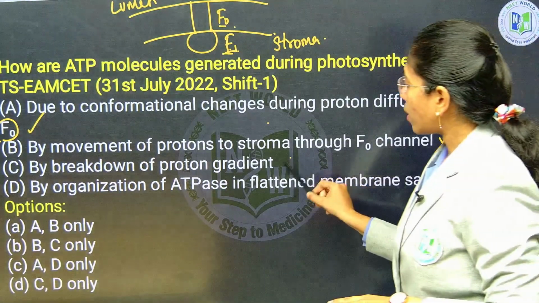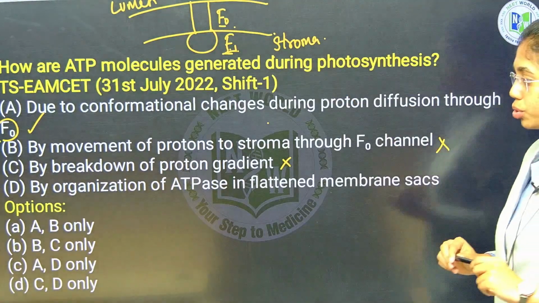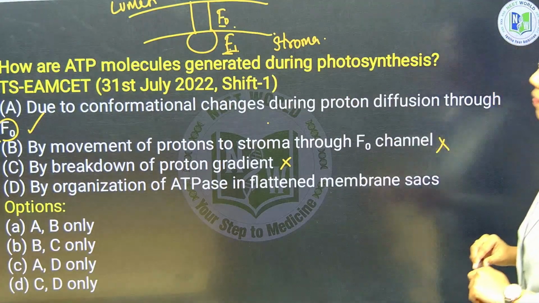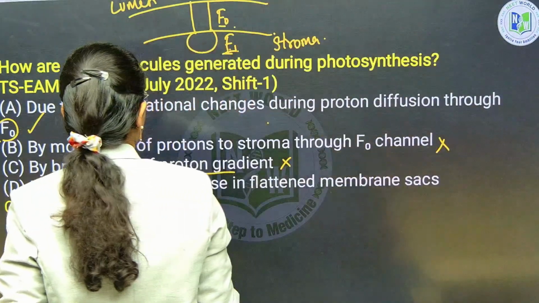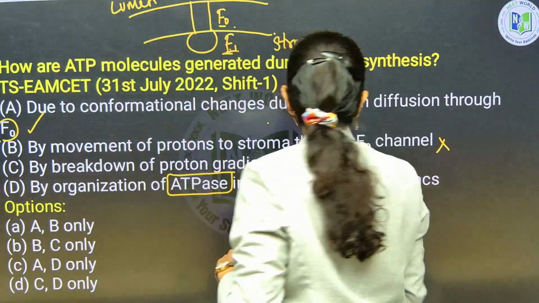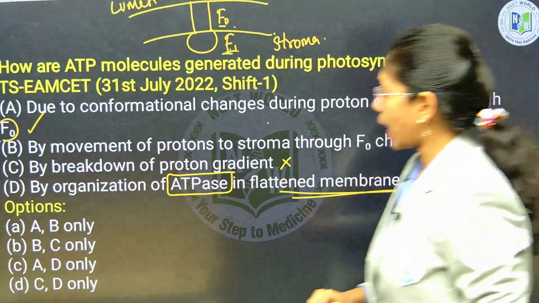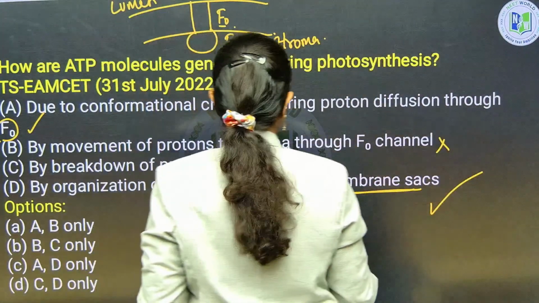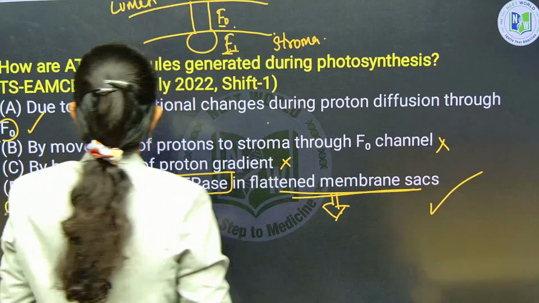The transfer of protons is across the proton gradient not against it. By organization of ATPase in flattened membrane sacs, true, it is in flattened membrane sacs. Those flattened membrane sacs are what? Thylakoids. Fine, right.